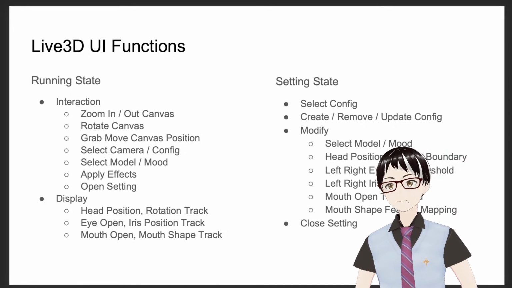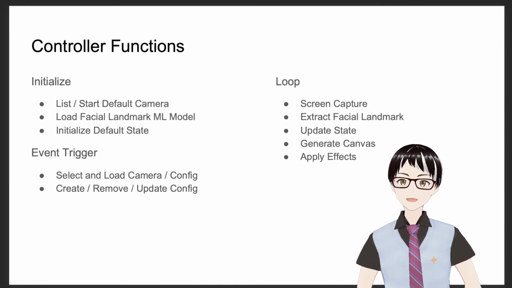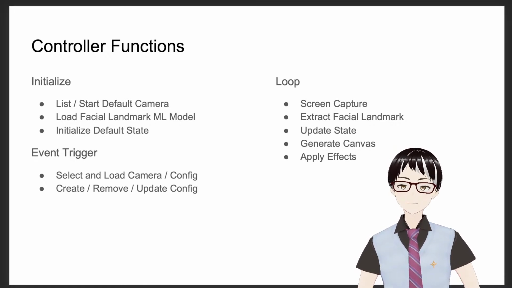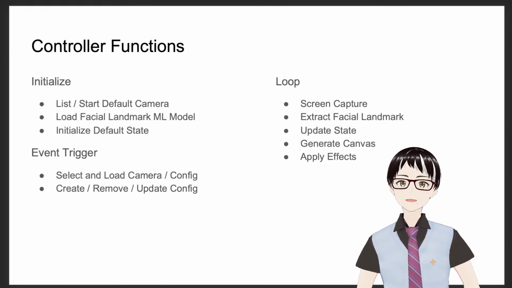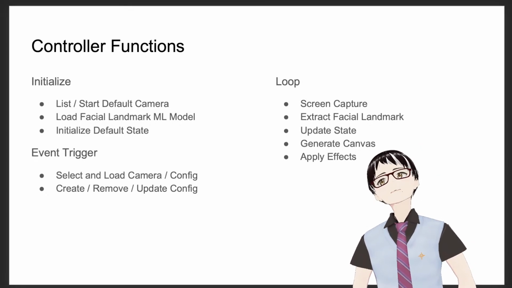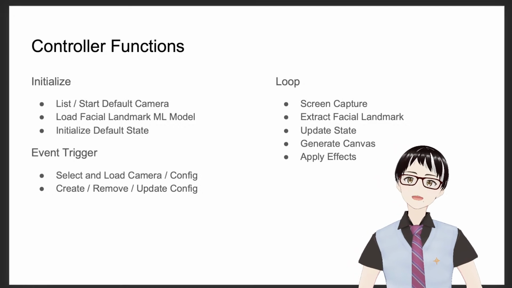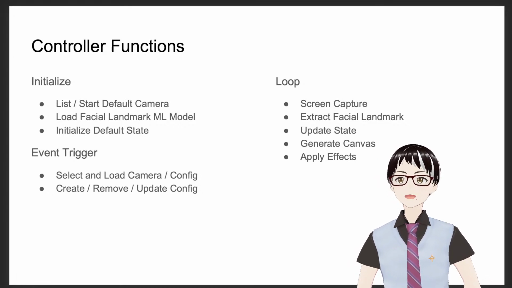Right. So for the next one, we have the controller functions. These are basic controls, which we also have. We're just using the control from the three.js or VRM format that supported some of the ordinary control that we can just control the camera.